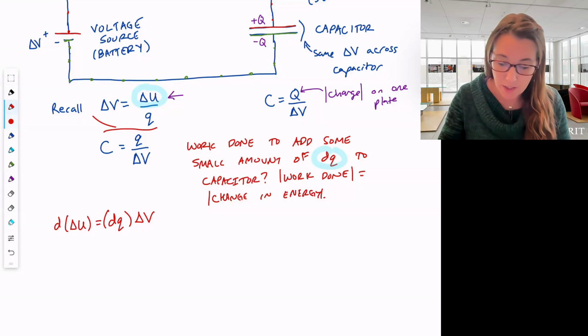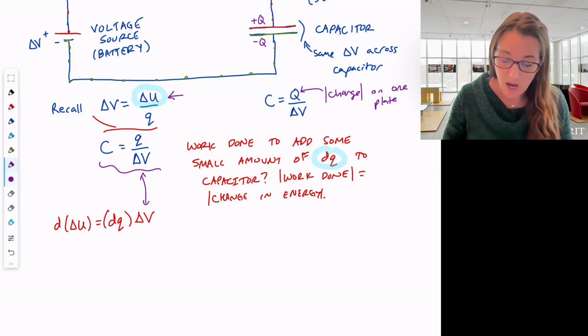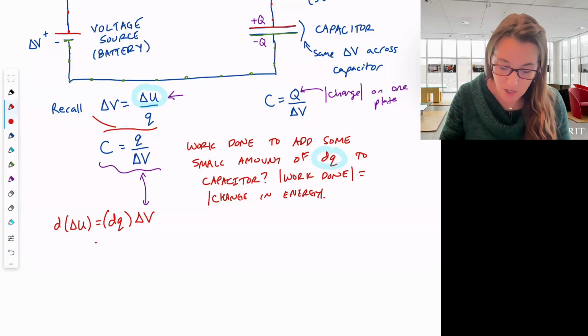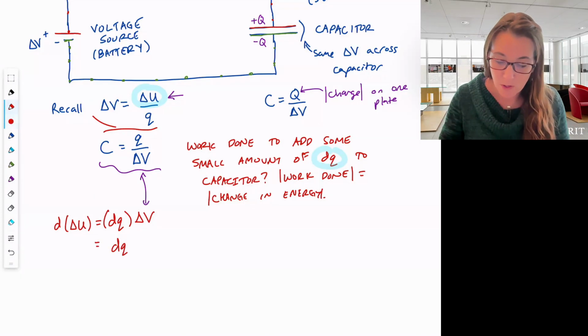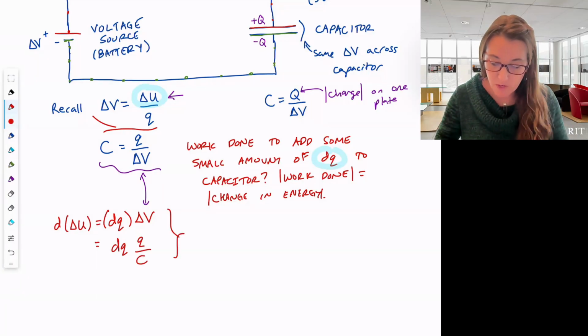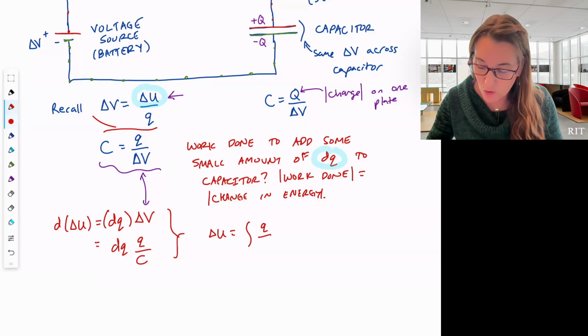And so now I can go ahead and rewrite ΔV using my capacitance equation. And so I end up here with dq times q over C. And so to solve this for ΔU, I can then integrate this q over C dq.